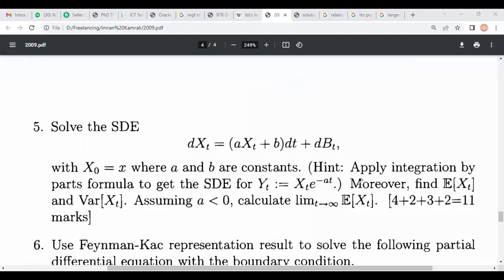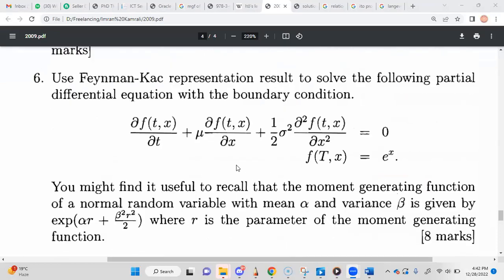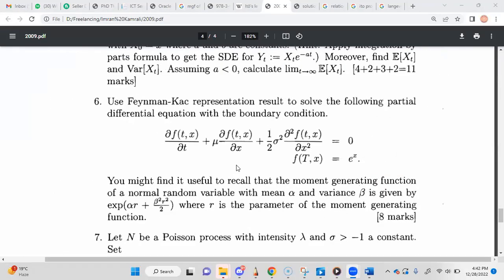Good. So now let's move to the question number. Question number 6 we were discussing, right? Yes, number 6. So we will do this now.